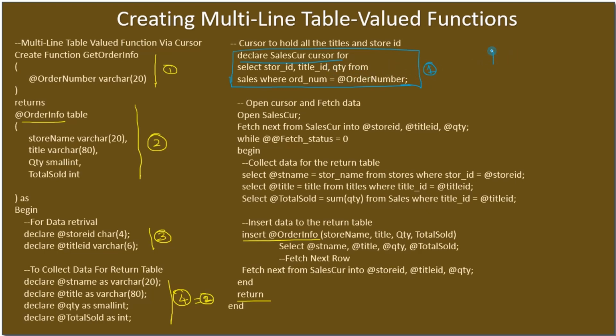So this will give us the in-memory table for record processing. Then we are opening the cursor. Actually, opening the cursor will bring the in-memory data, right? Then we do our fetch next.